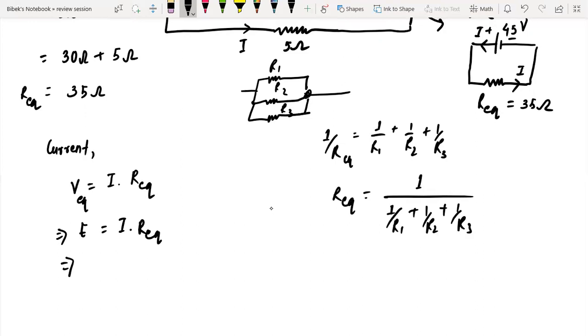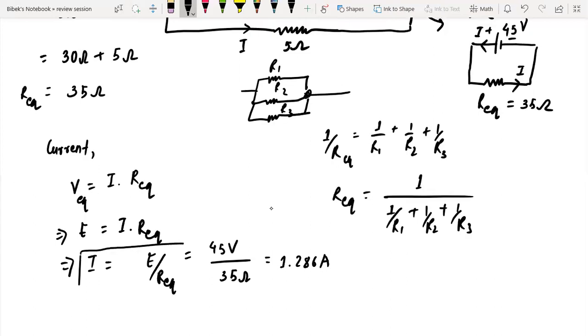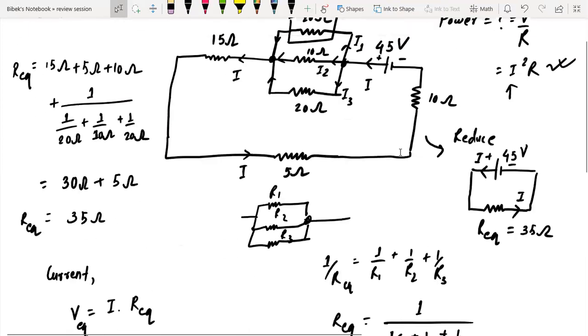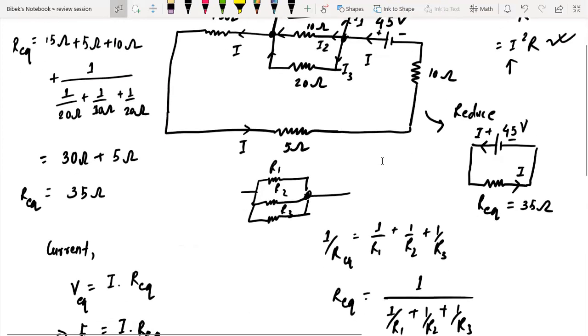And your I will be E over R equivalent. So that is 45 volts divided by R equivalent, which is 35 ohms. So that's about 1.286 amperes. Okay, so that's your current. Let me put it in a box because we'll need that later on. Okay, now we have found the current.